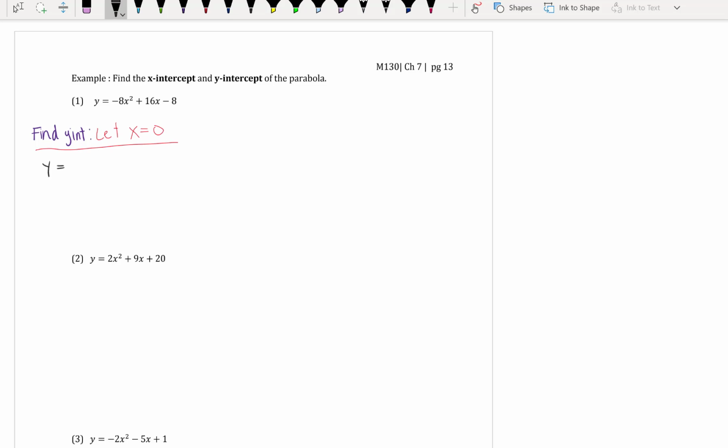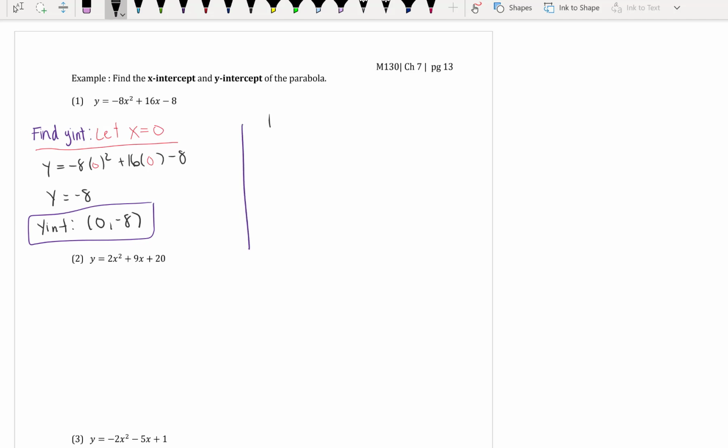So if I have y is equal to -8 plus 16 minus 8, and now I'm plugging in 0, I get that y is equal to -8. So now I know that my y-intercept is 0, -8. And make sure you write it as an ordered pair.